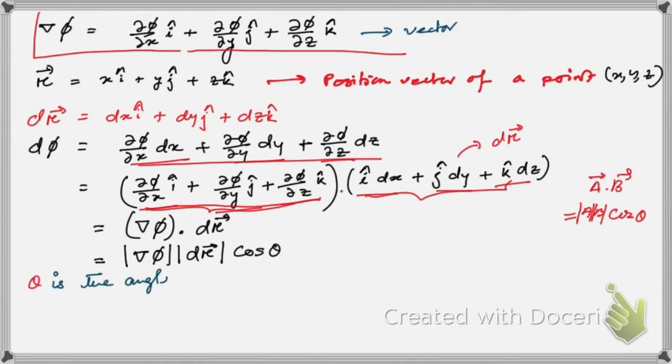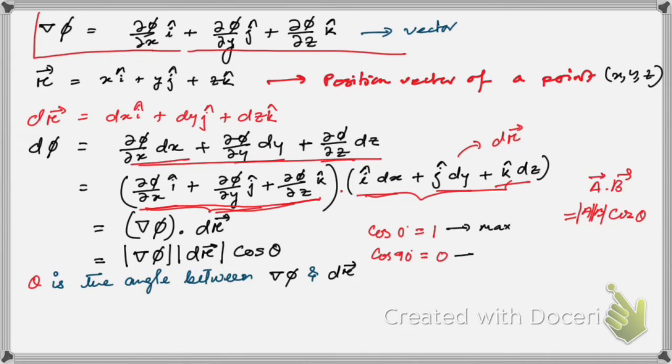Here theta is the angle between grad phi and dr, and we know cos 0 is 1 and cos 90 is 0.